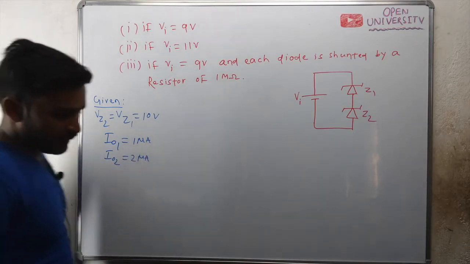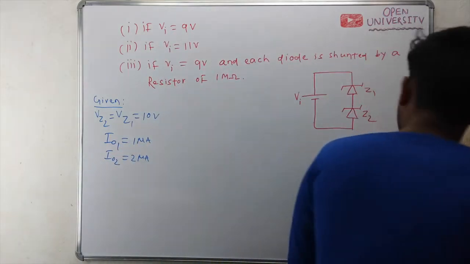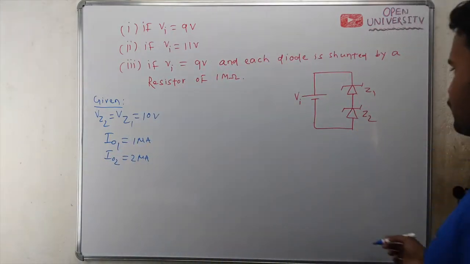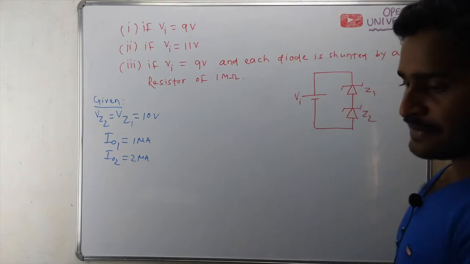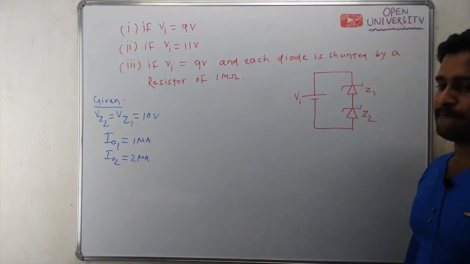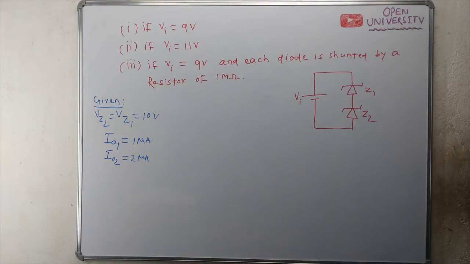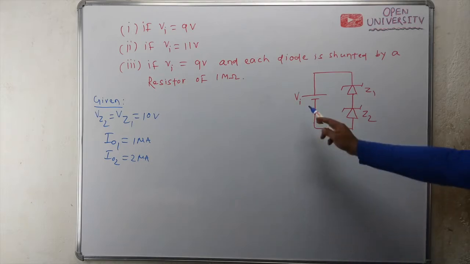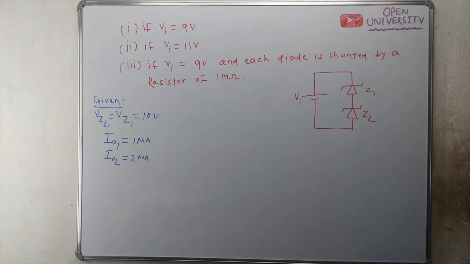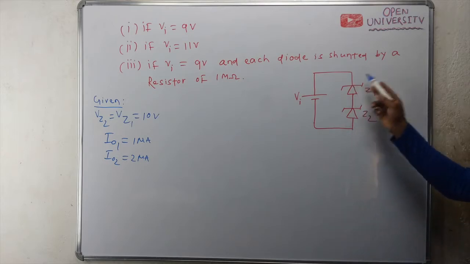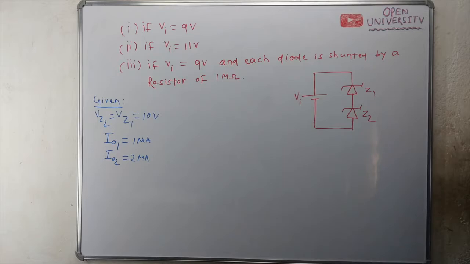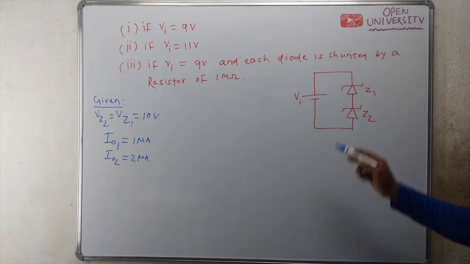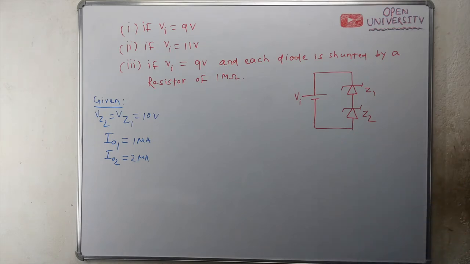These are the data given, and it is asked to find the voltage across each diode. In the first case, input voltage is 9 volt. Second case, input voltage is 11 volt. Third case, Vi is 9 volt and each diode is shunted by a resistor of 1 mega ohm.